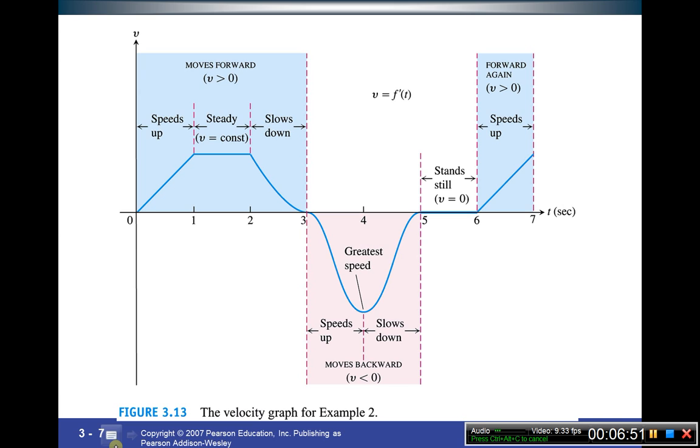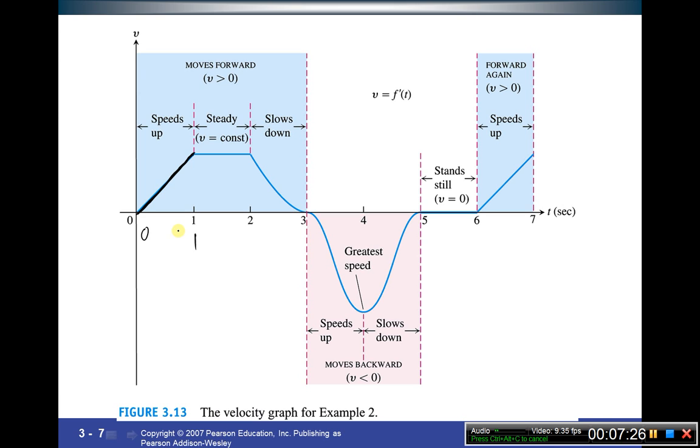Now here is a plot of the velocity of a body from t equals 0 to t equals 7 seconds, just showing what some of the possibilities are. As you can see, at the very beginning, the velocity is increasing between t equals 0 and t equals 1. Basically the body is speeding up.